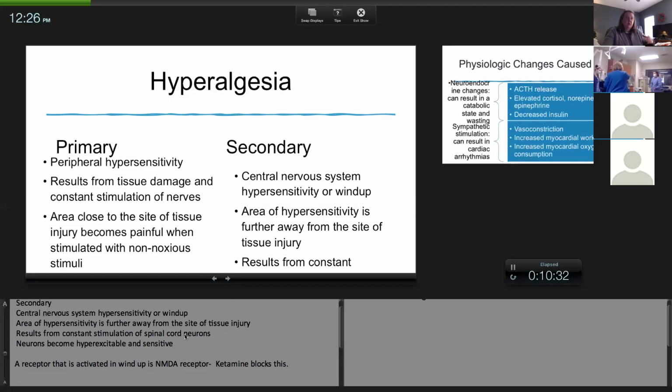So when we talk about justifying, and this is the type of thing on board exams, why give preemptive analgesia? Why do we treat pain? To prevent windup, to prevent this secondary hyperalgesia.